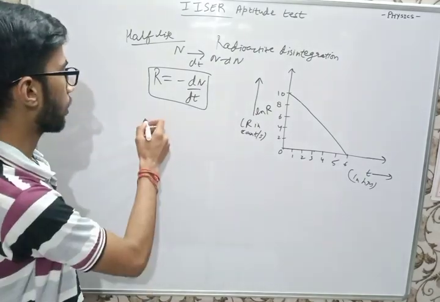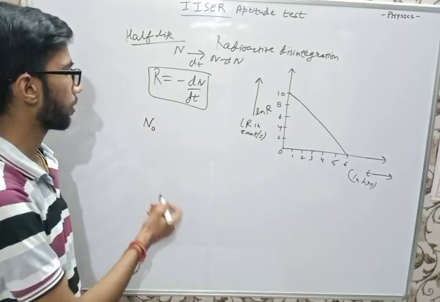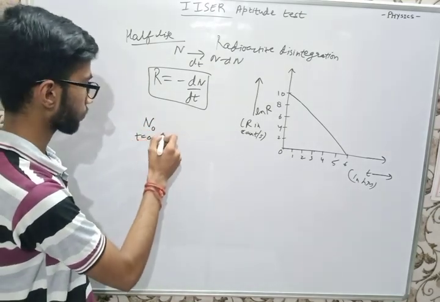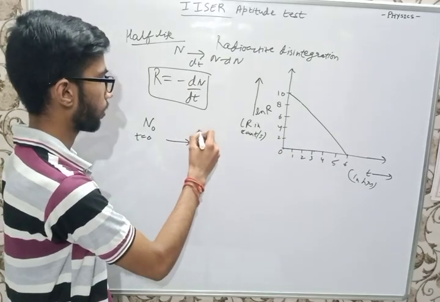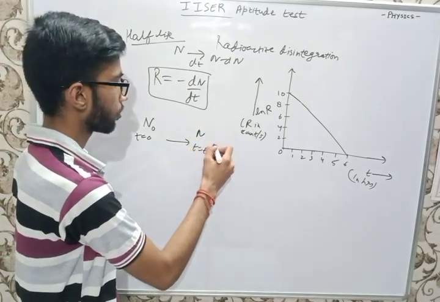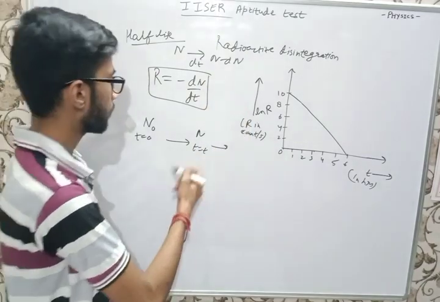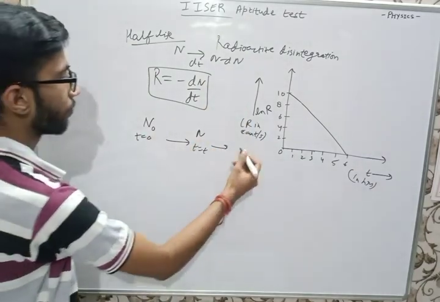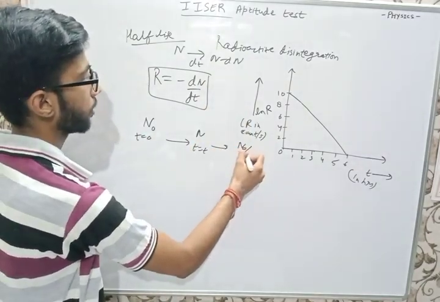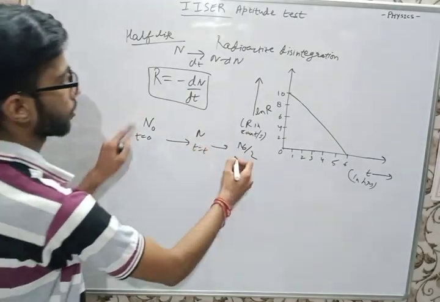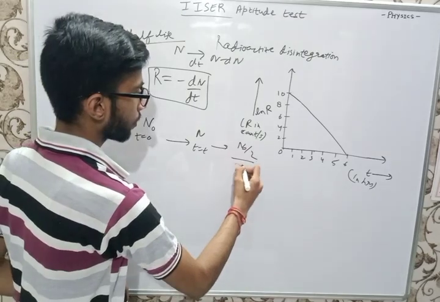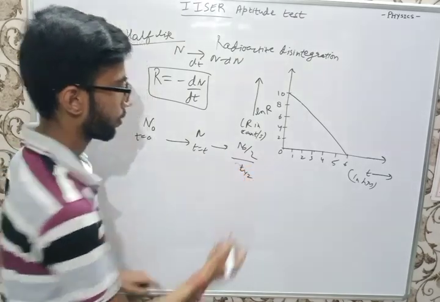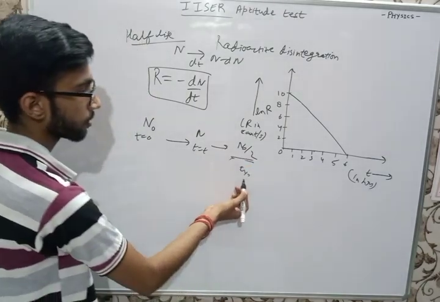Suppose you have n naught nuclei at t equal to 0, and after some time it has reduced to n at t equal to t. There will be some time at which this quantity becomes half of the initial quantity. This is called t half, with half in the subscript.